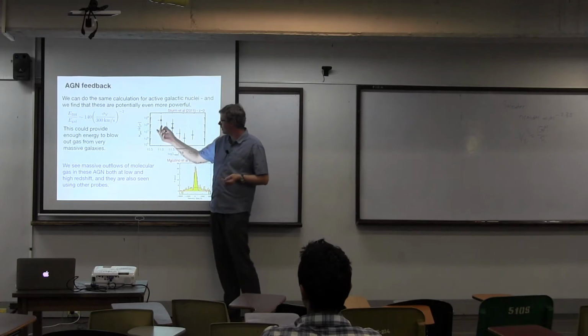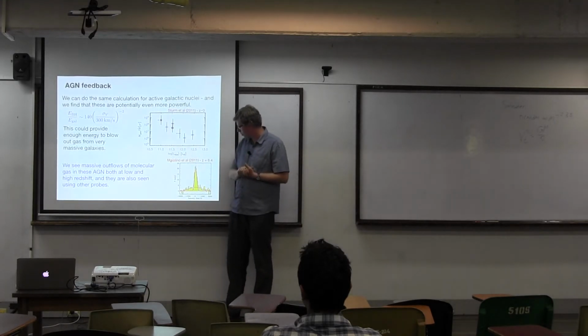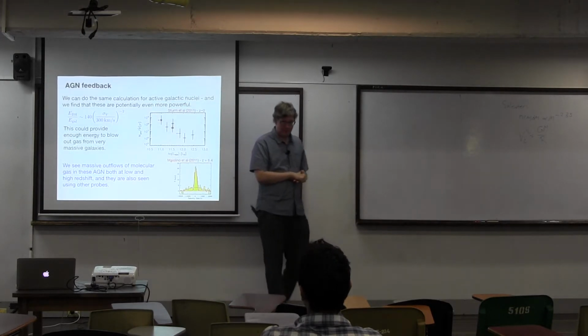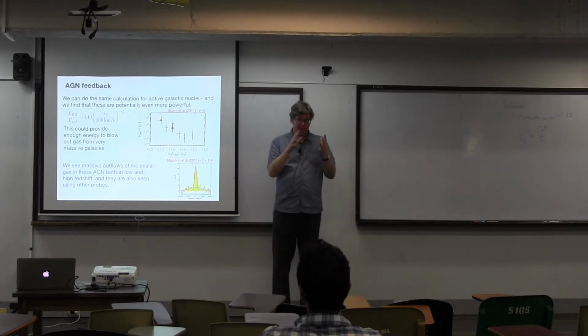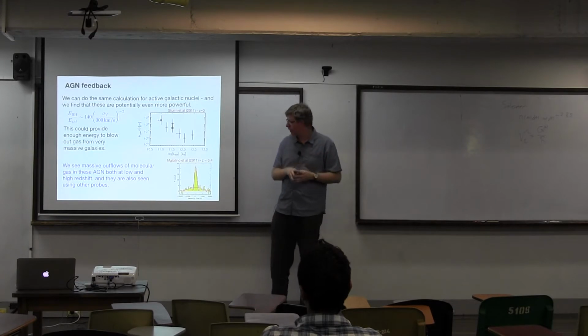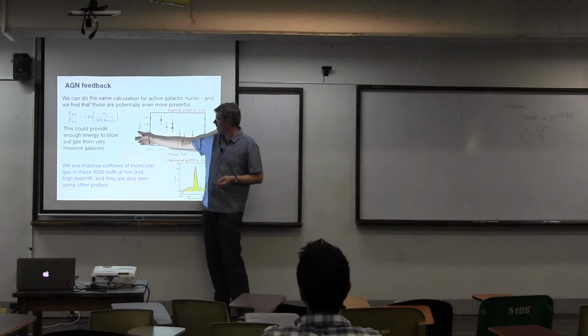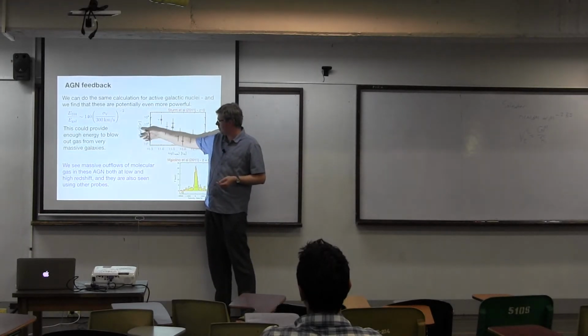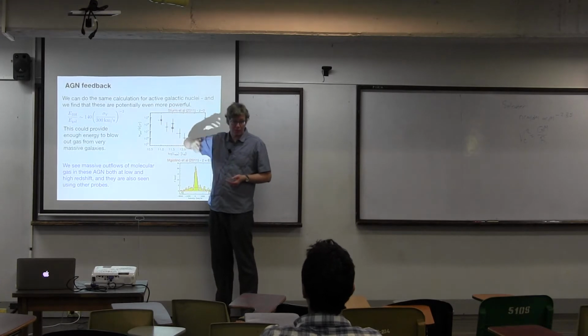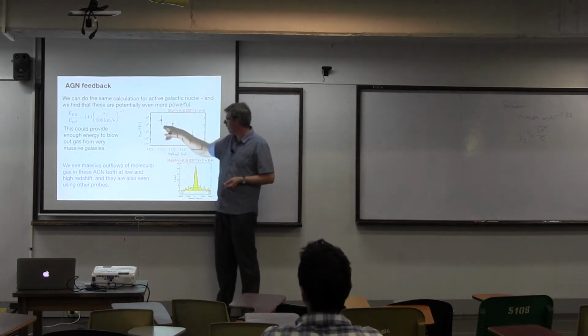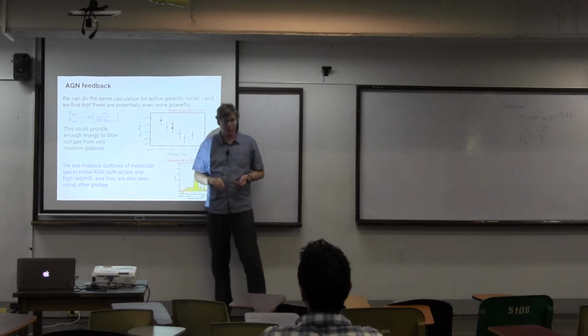Here, for instance, is a study from a few years ago. I probably should update this now, where they looked at molecular gas. That's dense gas in the center of the galaxies. And they looked at these being blown out as winds. What this is plotting is the gas mass divided by the amount of gas that's being lost. So when this is a small number, there's a lot of gas being lost.